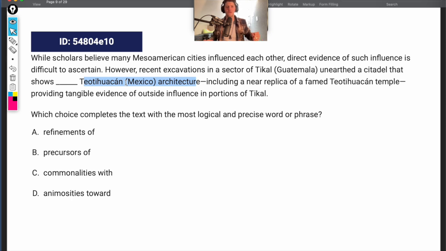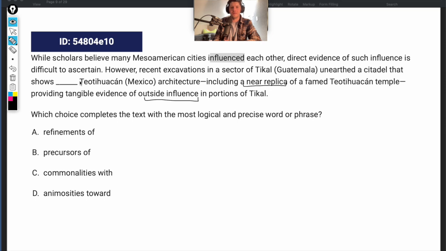We see an influence, right? A Guatemalan citadel that shows, I think influence is the word we want here, right? We're looking for something to do with this word influenced. And I think we get it. If we look a little bit further, we will see more elaboration. A near replica of a famed temple, tangible evidence of outside influence. So I think we're looking for influence.